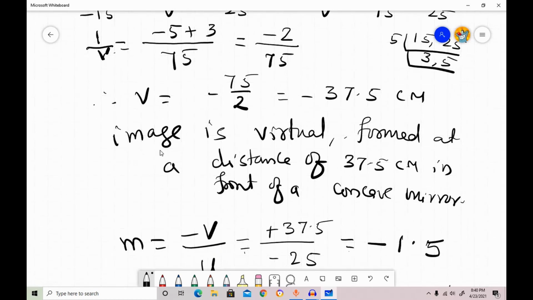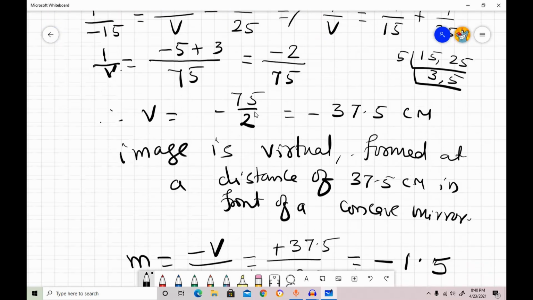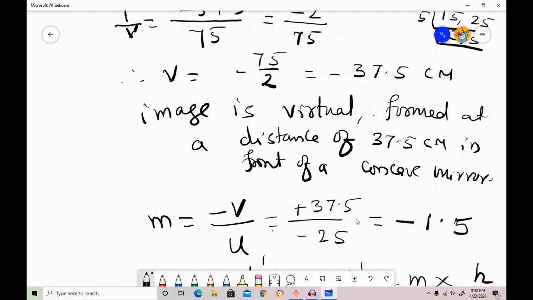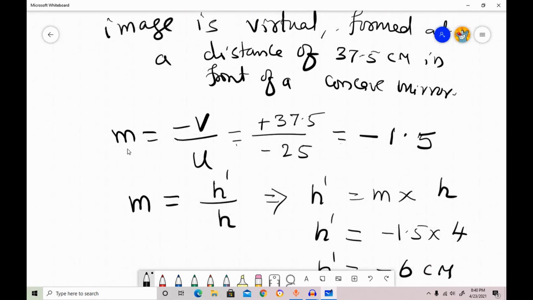Because of the minus, the image is virtual, formed at a distance of 37.5 centimeter in front of the concave mirror. Then recall the magnification formula, minus v by u. Minus of minus becomes positive, so m is minus 1.5.